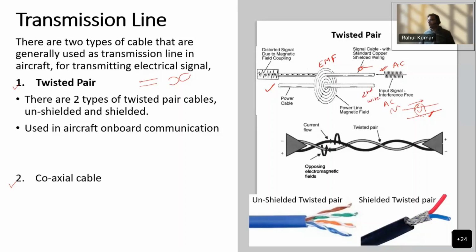As a result of this electromagnetic field linking with the second wire, some current will be produced in the second wire. And this current will interfere with the signal.